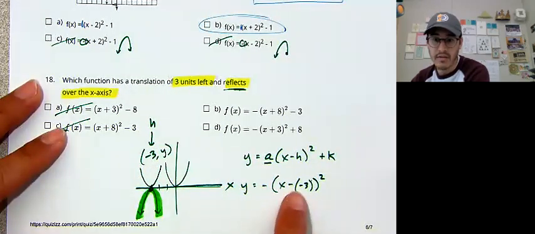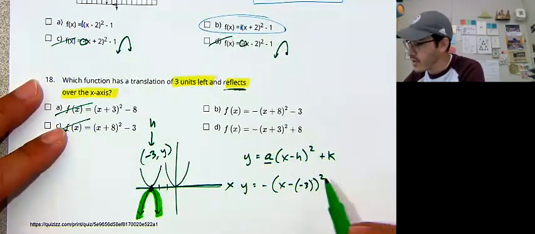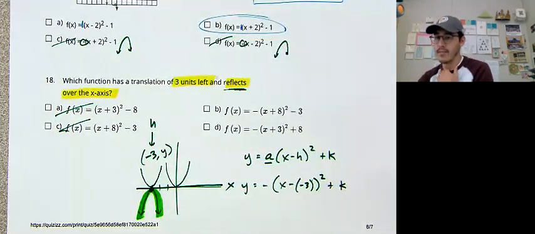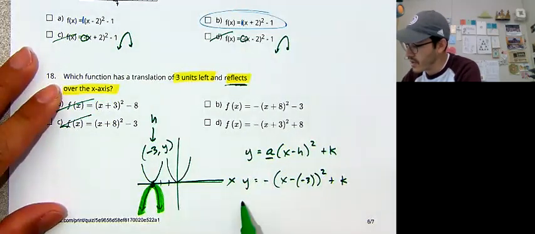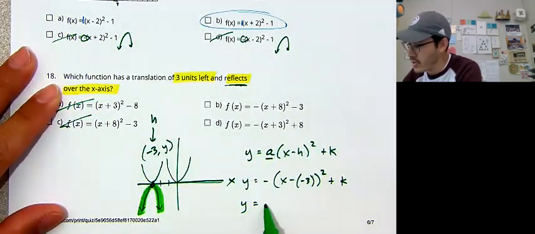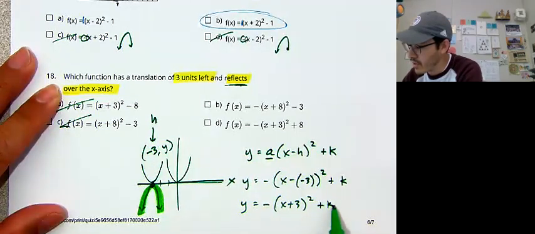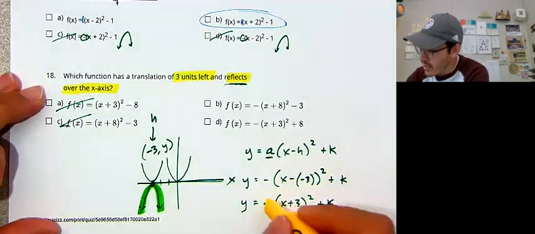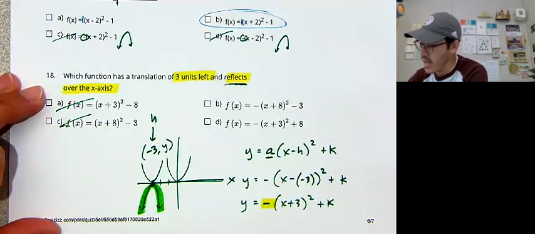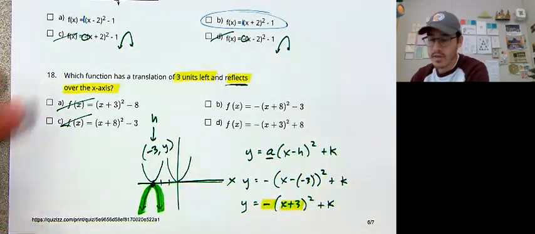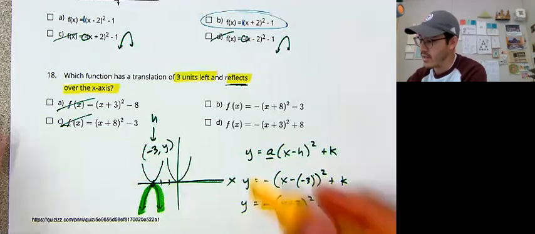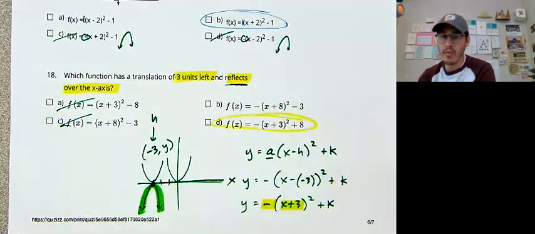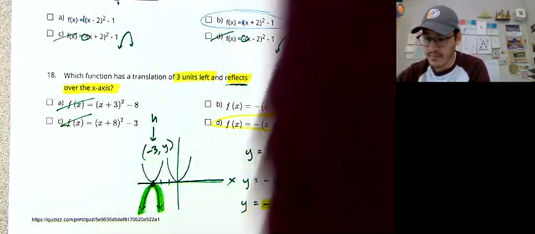So we end up with 2 negative signs, or 2 minus signs, however you want to describe it. And then the k value we don't know, so I'll just leave it as k. So simplifying, we get y equals -x plus 3 squared plus k. Now we already knew that we need a negative sign in front, and now we know that we want to see x plus 3 in the function. And choice B is the only one that has those qualities.